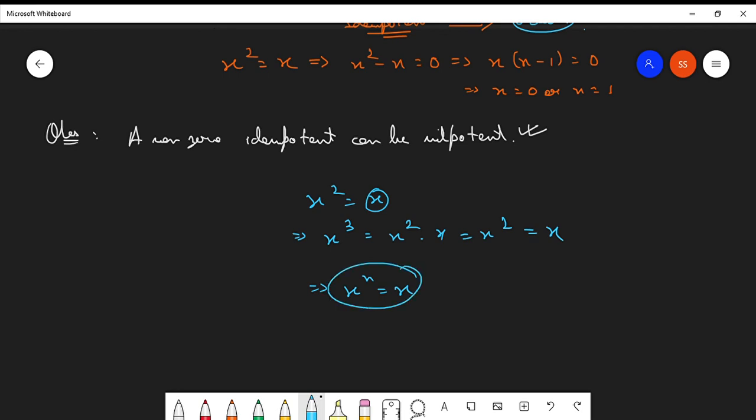Only if x is 0 will x behave as a nilpotent value, otherwise it won't be nilpotent. So any non-zero idempotent can't be nilpotent. Is that clear? Got it? And integral domains will have only 0 and 1 as the idempotent values. So I guess this much is clear, right? The concept of idempotent and nilpotent is clear.